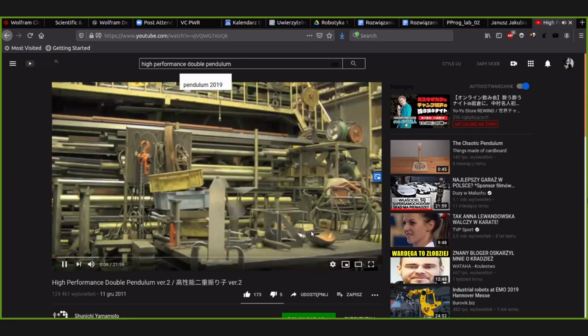So you can see that it is rotating left, right, and here the operator has even given the initial velocity to the pendulum to give it more energy.